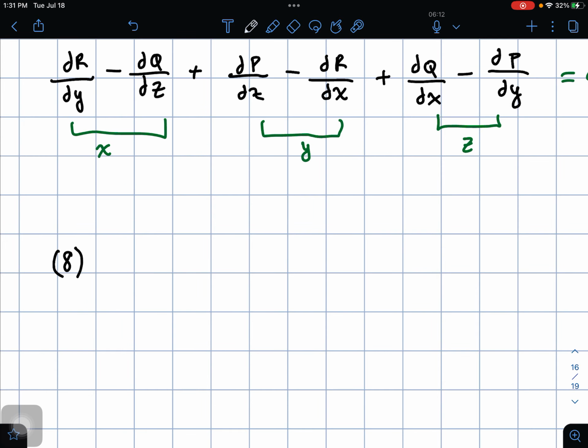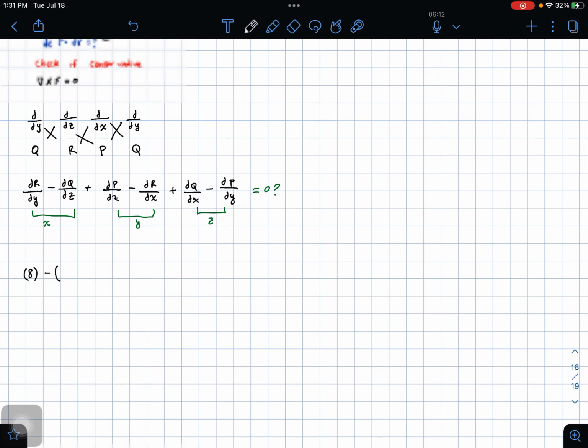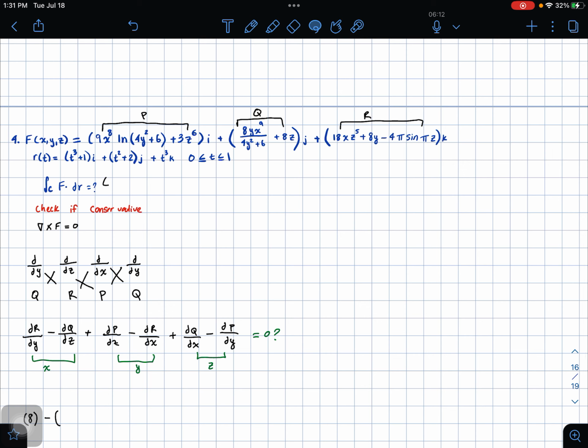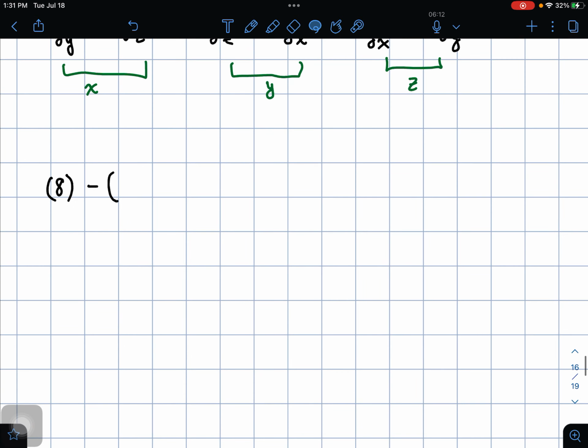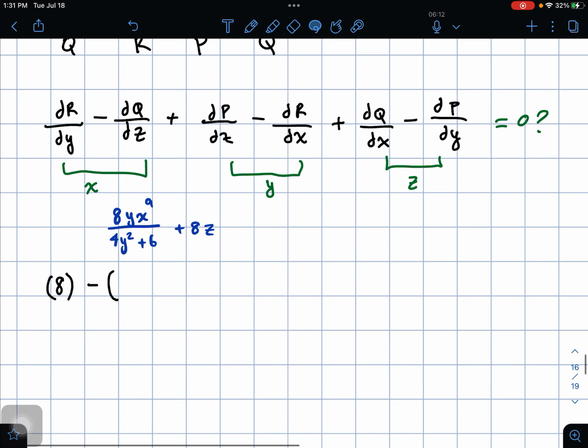Just going to put this minus. Now we need del Q del z. So it's this thing right here, and we need it with respect to z. So this thing right here goes to 0, and this one just turns to 8.